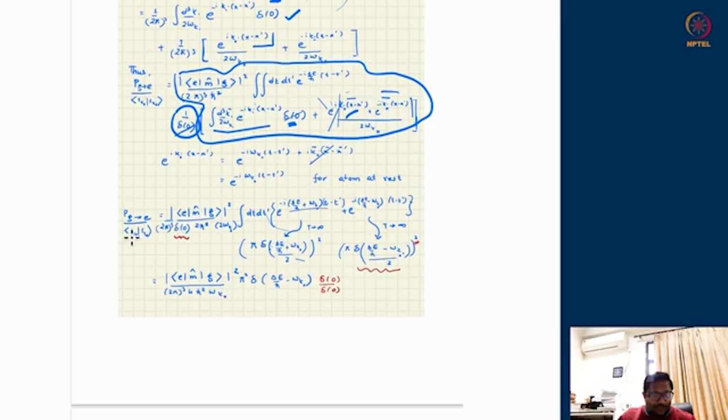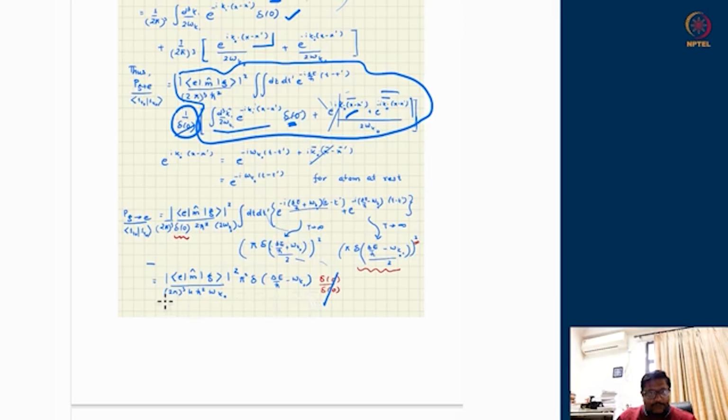Again, there was a normalization division. The square of a delta function can be written as the first delta function times the second with its argument becoming 0. Delta x whole square can be written as delta x times delta 0. That's the trick I have used. And the division by delta 0 coming from the norm of the 1k naught states cancels it. So the delta 0 cancel each other, and then the survival probability is this.